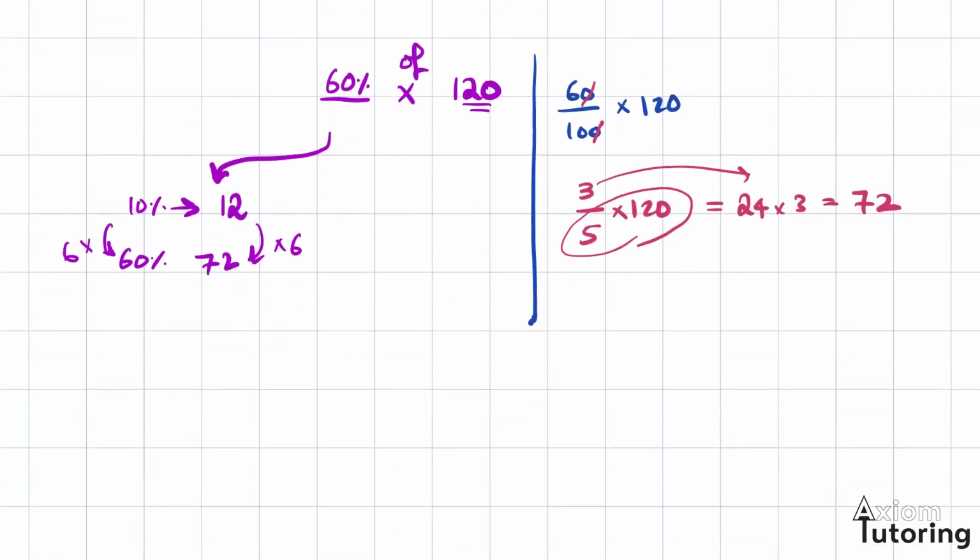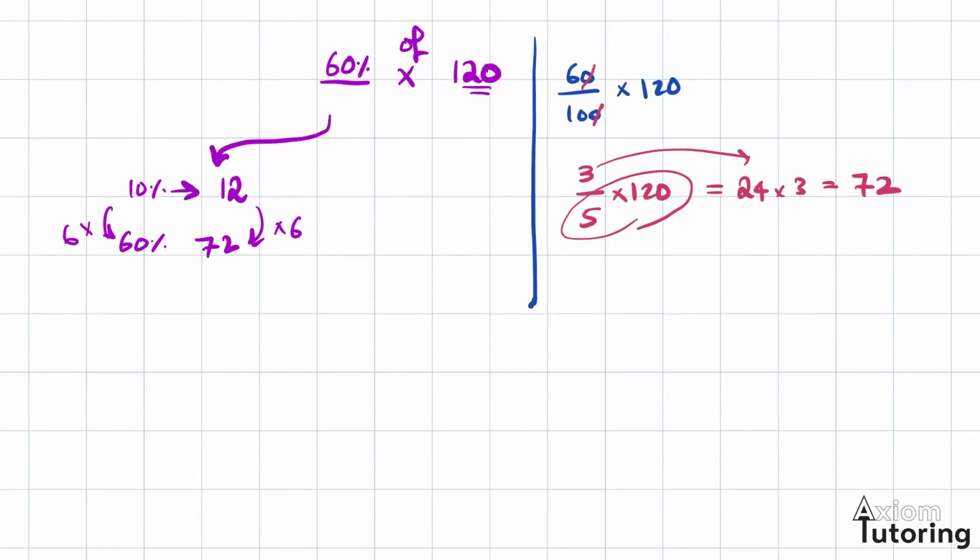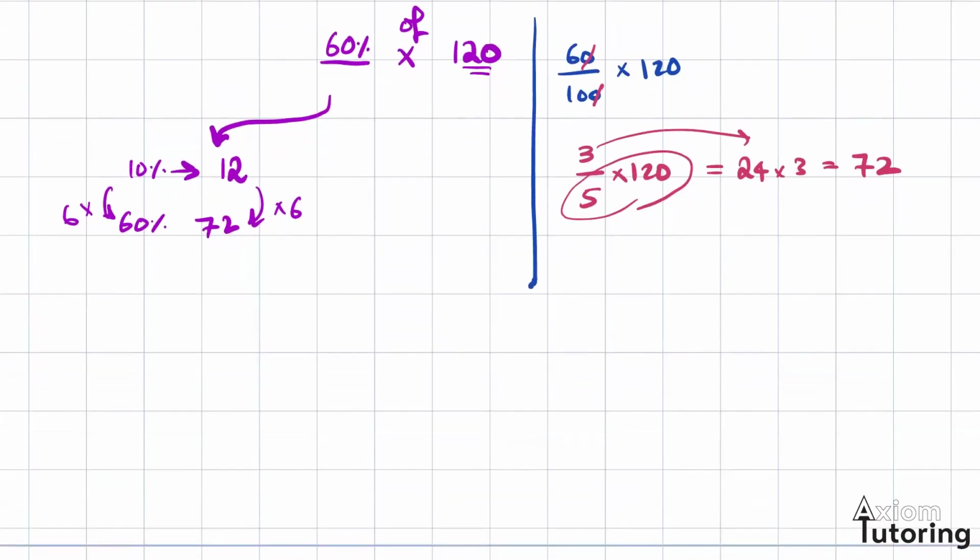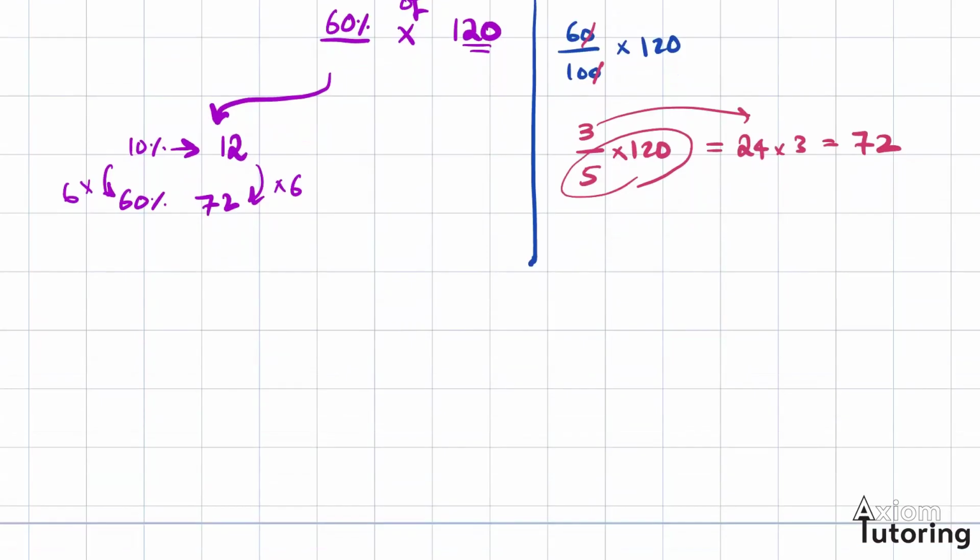The multiplier method is optimal for calculator use and drastically reduces the effort. Most problems that you encounter that have to do with percentages are about picking the right multiplier.